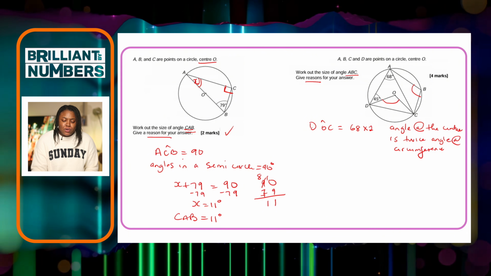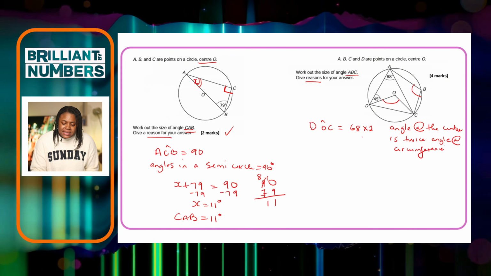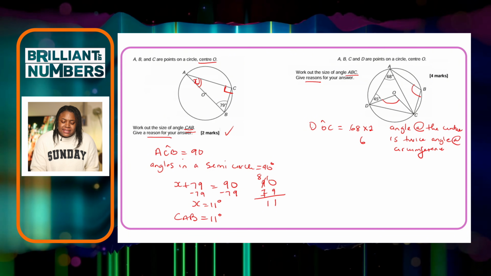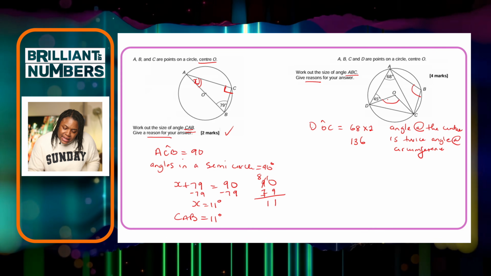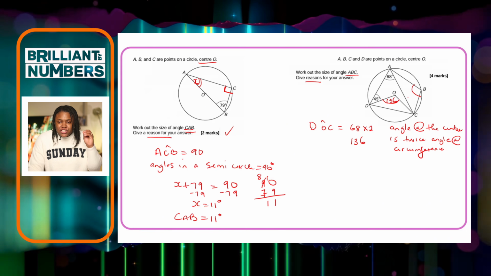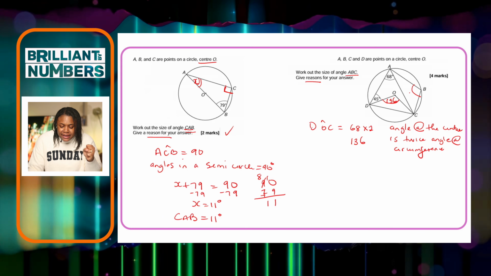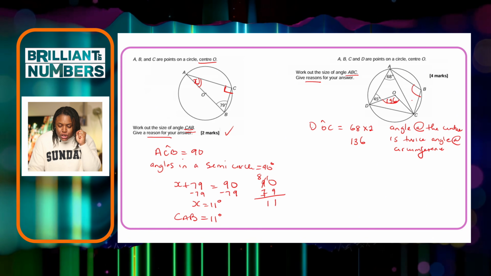Okay, so that means if we multiply this, 2 times 8 is 16. 2 times 6 is 12 plus the 1 is 13. So I know that this angle here, so I want you to write on your diagram. Guys, we mark your diagrams, write on them and close your gaps.